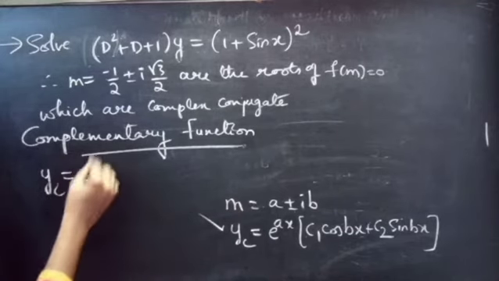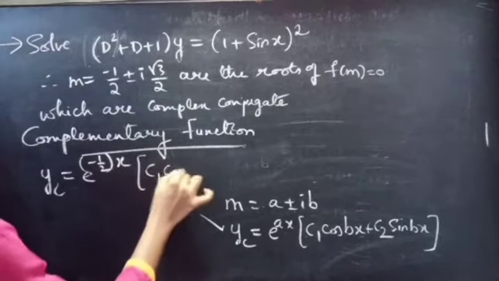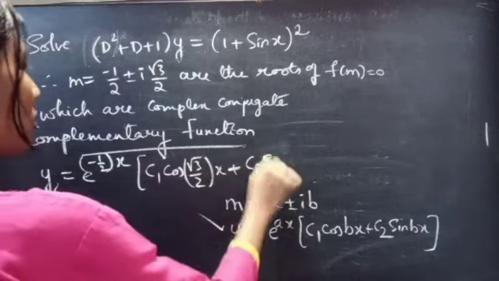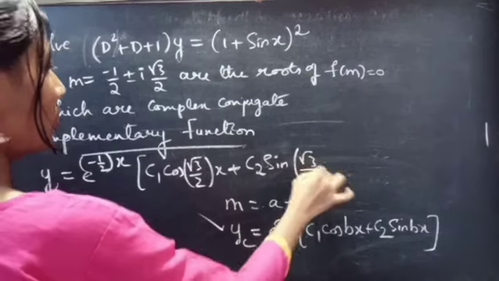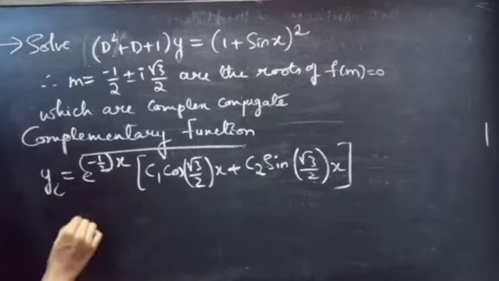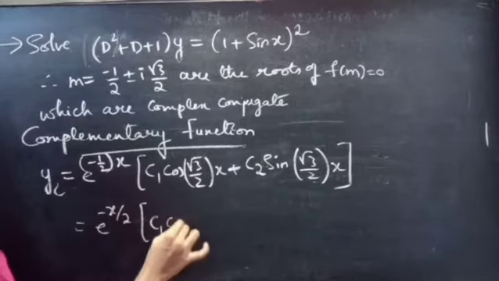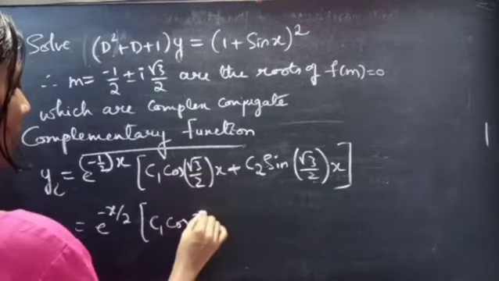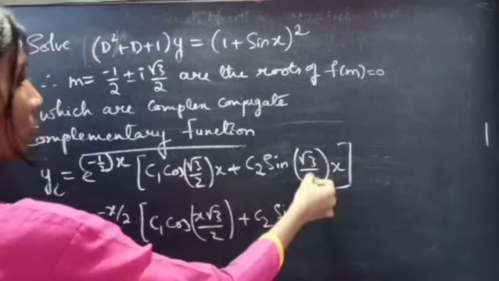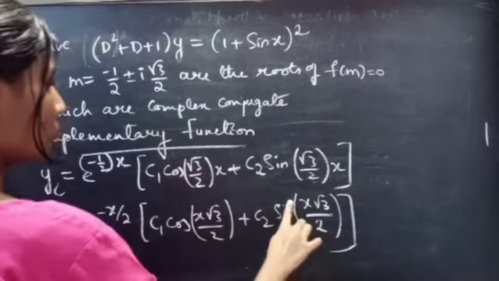y is equal to e power minus 1 by 2 into x into one constant into cos of b equals root 3 by 2 into x plus the other constant into sine of b root 3 by 2 into x, which is equal to e power minus x by 2 into c1 cos root 3 by 2 into x, that is x root 3 by 2, plus c2 sine root 3 by 2 into x, that is x into root 3 by 2.